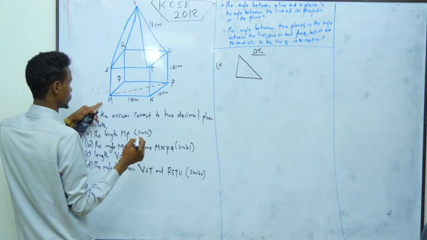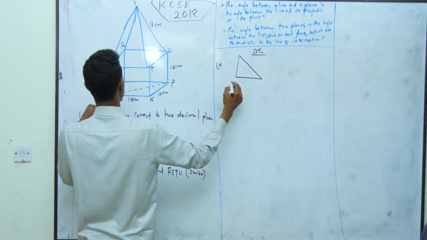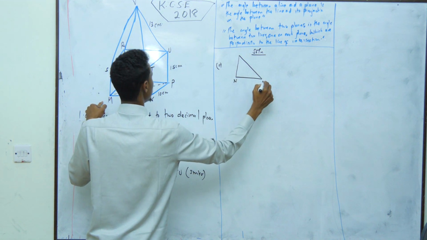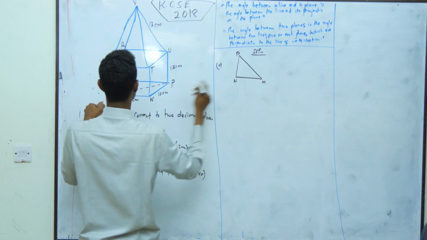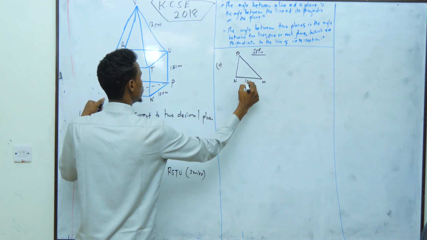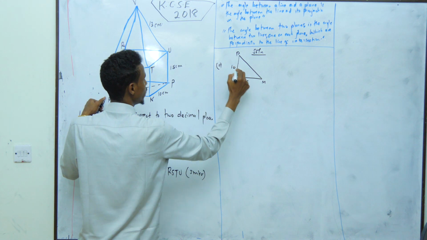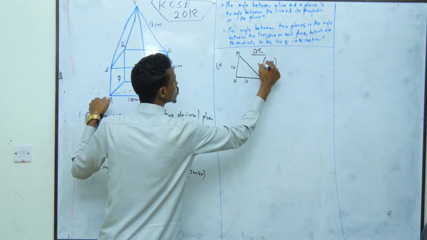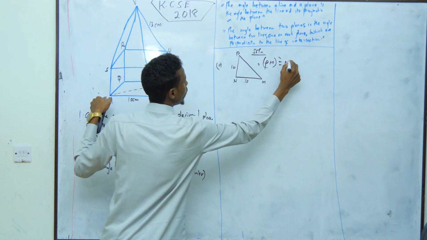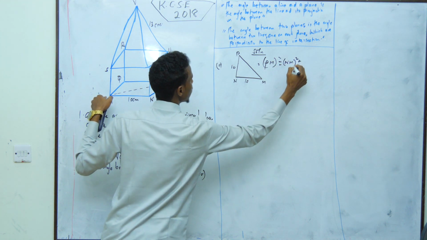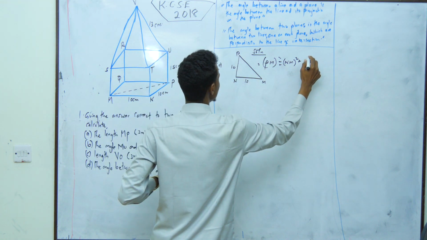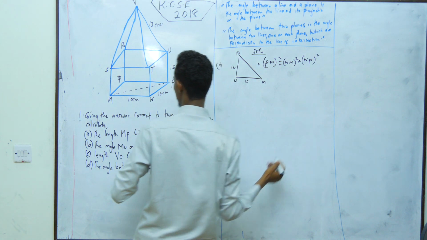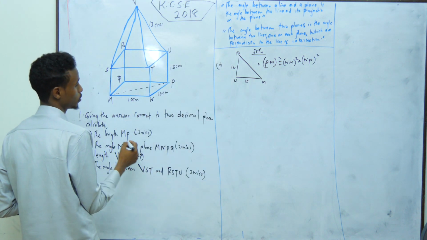We have here M, we have N, M, P. MN is 10, NP is 10. Now we're going to get PM. PM squared will give us NM squared plus NP squared, and we are looking for MP or PM.